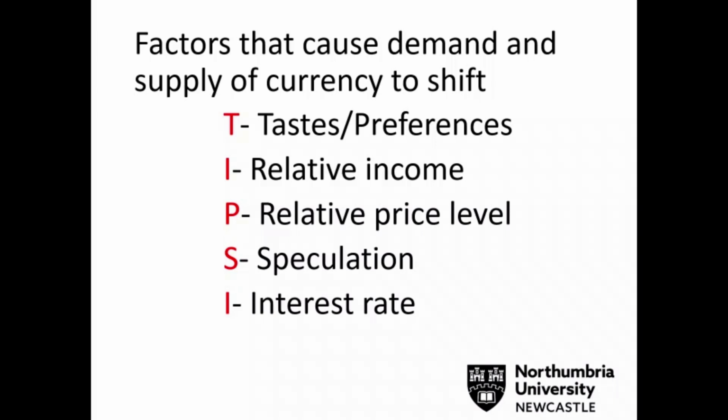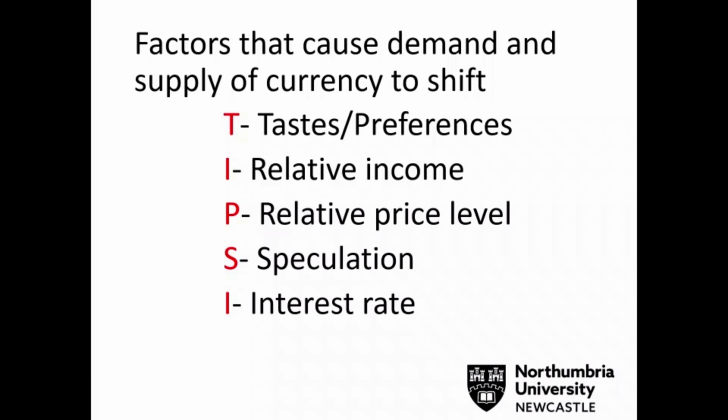Another concept is speculation. Because the markets for floating exchange rates are variable, large money movements or speculation on an economy or on a currency can really shift the supply and demand of that currency. If there's economic nervousness, then investors will remove themselves from that currency.